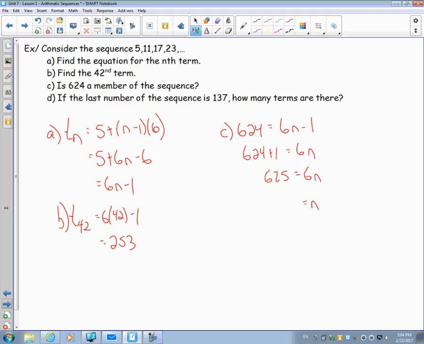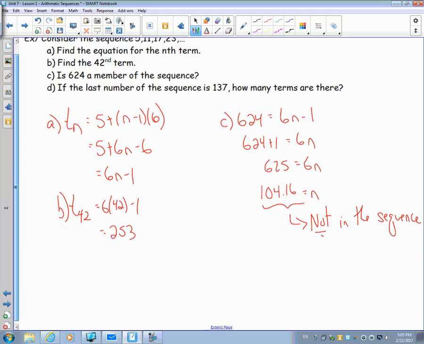Well, if I try dividing this one, I get 104.16. Well, you can't have a decimal number of terms. You know the 104th term, you know the 105th term. The fact that this comes out to a decimal tells me this is not in the sequence. It's partway between terms, and number 624 is not part of the sequence.